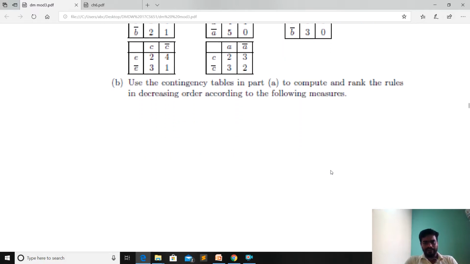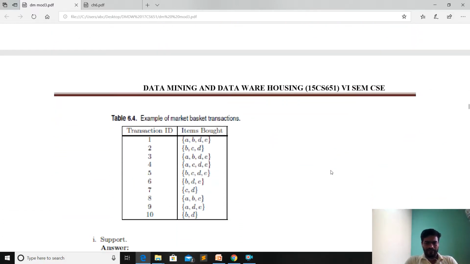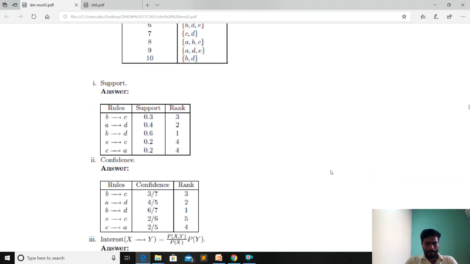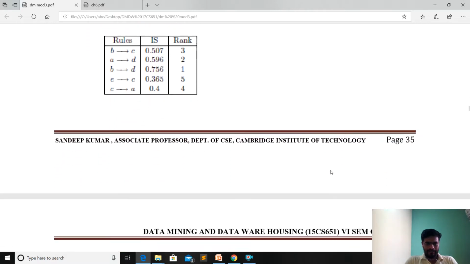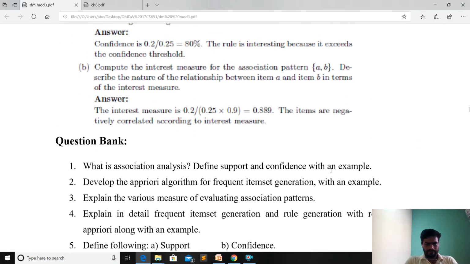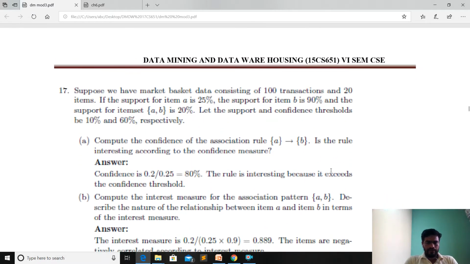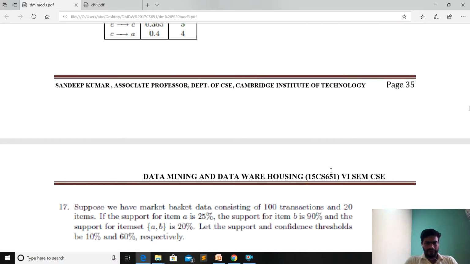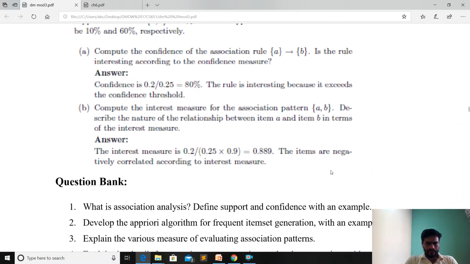Okay, so these examples you can go through in the notes. Everything is solved in the notes. These are all things I have already covered, such as how to calculate confidence and support. At the end of these notes you have many questions available. A question bank is available.